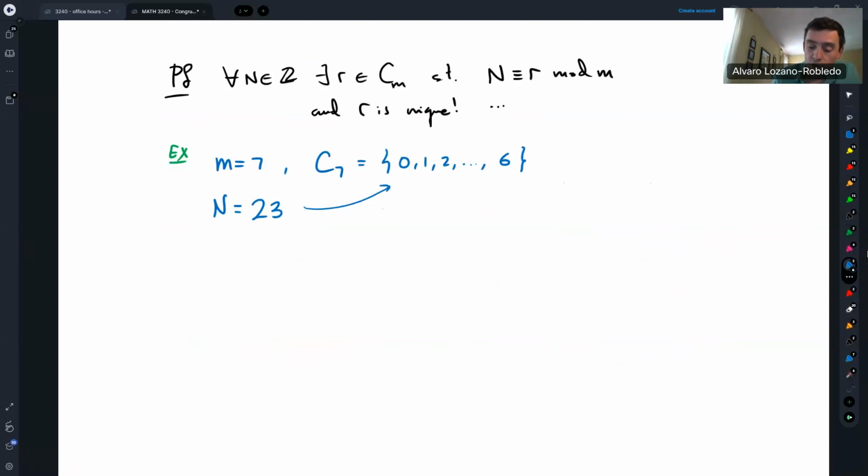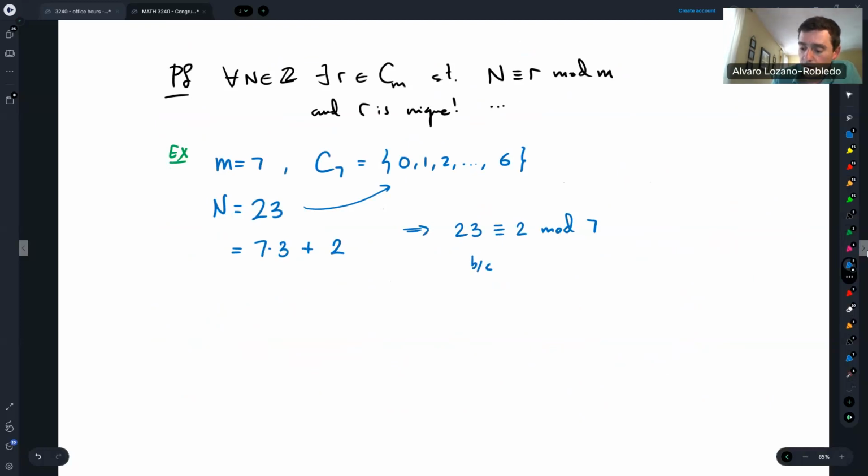Well, I can just do long division by 7. 23 is 7 times 3, 21, plus 2. So that tells me that 23 is congruent to 2 modulo 7, because 23 minus 2 is 21, which is 7 times 3. So what we've done to find that number is using long division. Now we can continue the proof.